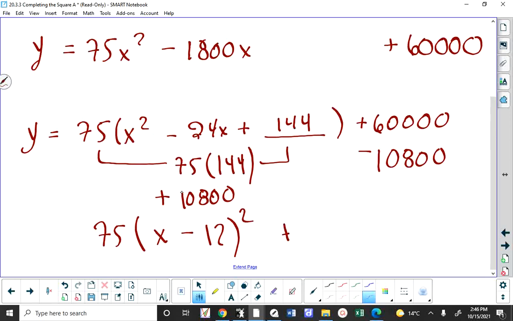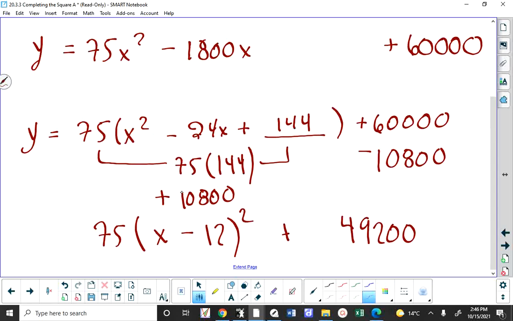Plus, my brain is just fried. Is that 49,200? It is? Okay. And was that, in fact, the y coordinate of the vertex? Yeah. It's not a bad process once you get used to it.